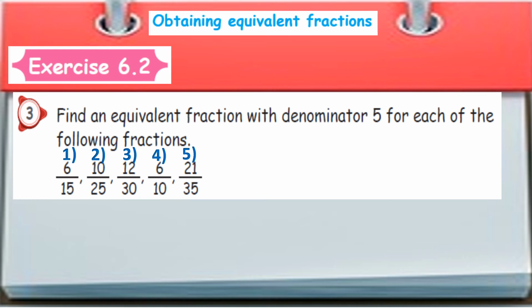Third one, find an equivalent fraction with the denominator 5 for each of the following fractions. So here also they have given the denominator 5, but listen carefully. For the given fraction, this denominator is a lesser number, right? See here 6 by 15, isn't it? So in that 6 by 15, 15 is the greater number, and our hint denominator 5 is the lesser number.